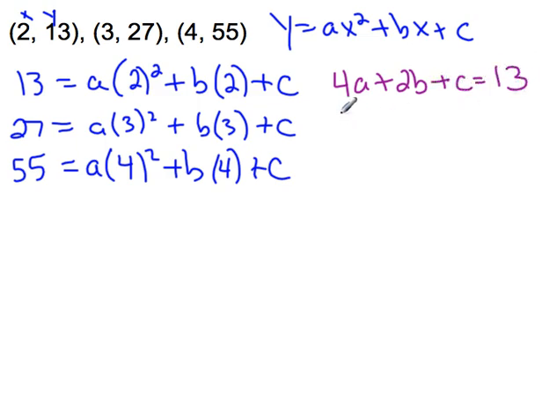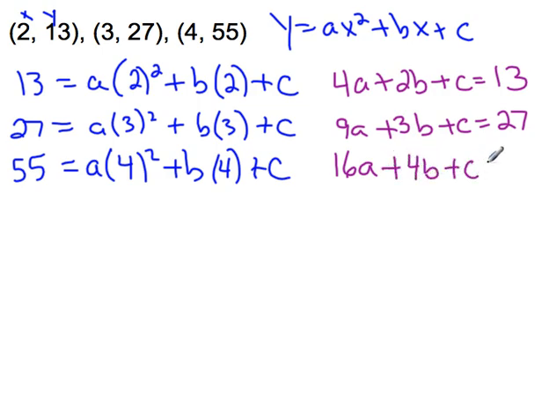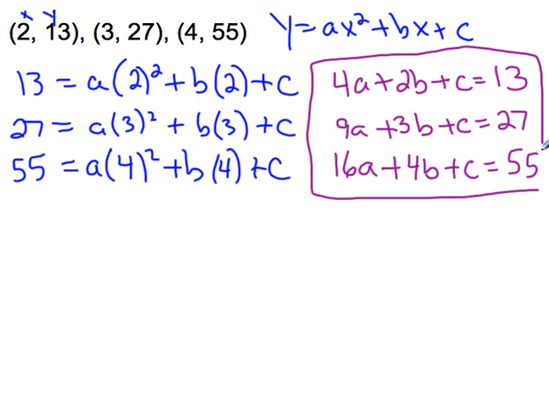Rewriting this next one, we've got 3 squared, so it would be 9a plus 3b plus c equals 27. And then 16a, 4 squared is 16, so it would be 16a plus 4b plus c equals 55. This is just a little bit better to look at in terms of 3 equations with 3 variables.